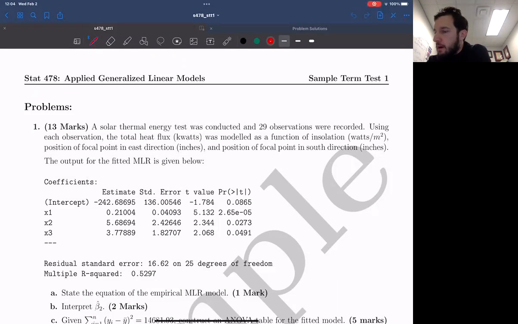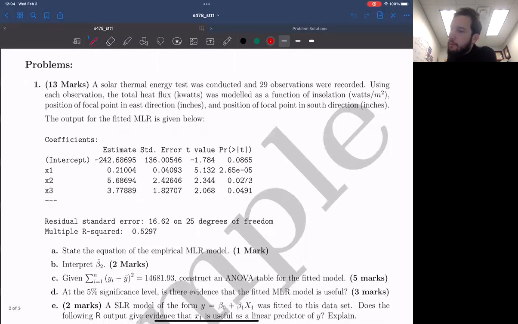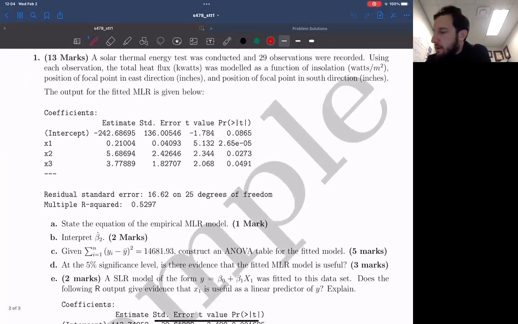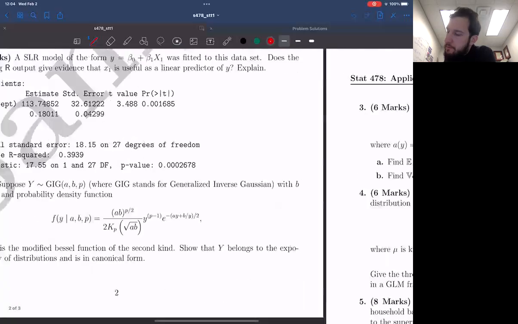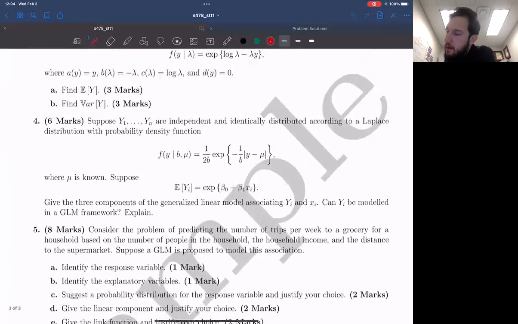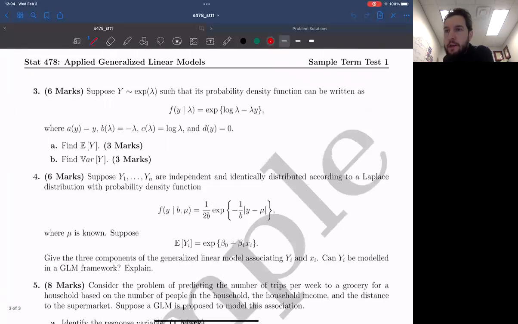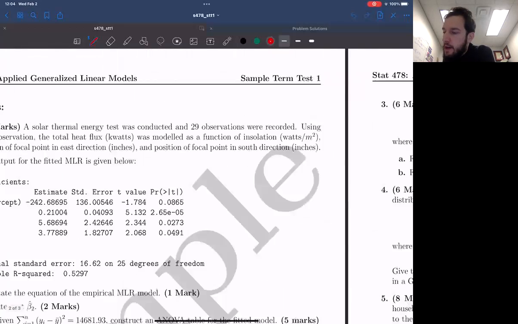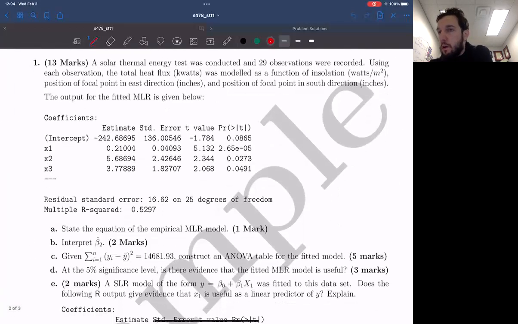Okay, cool. So we'll get started then. Again, we're just going to work through the sample test I posted on Friday. So there's 5 questions, 1, 2, 3, 4, 5. The material on the sample test and on the actual term test will cover lecture sets number 1 and 2. The first question you can see here is basically a review of regression analysis.